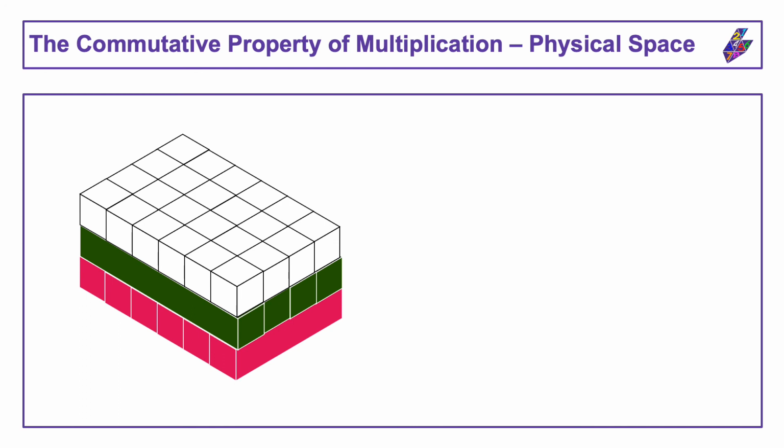So 6 times 4 equals 4 times 6, which equals 24. So we can say 6 times 4 equals 24, and 4 times 6 equals 24.